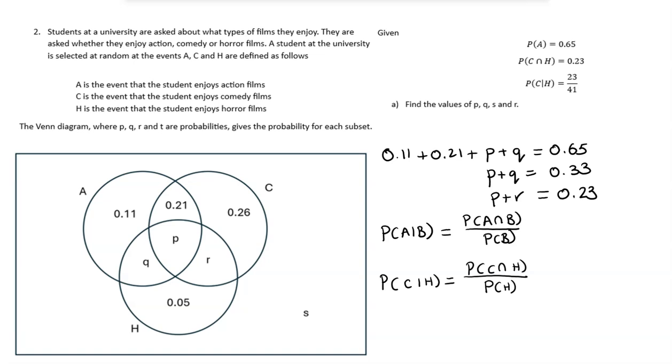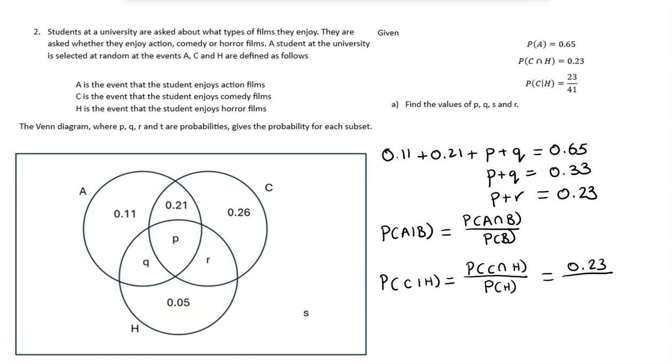So instead of saying A and B, we'll say C and H, and we put this all over the probability of H. So we're restricting our sample space to just the ones that like the horror films. The only people that will like comedy films in the horror circle is going to be the probability of C and H, which we're given, that is 0.23.